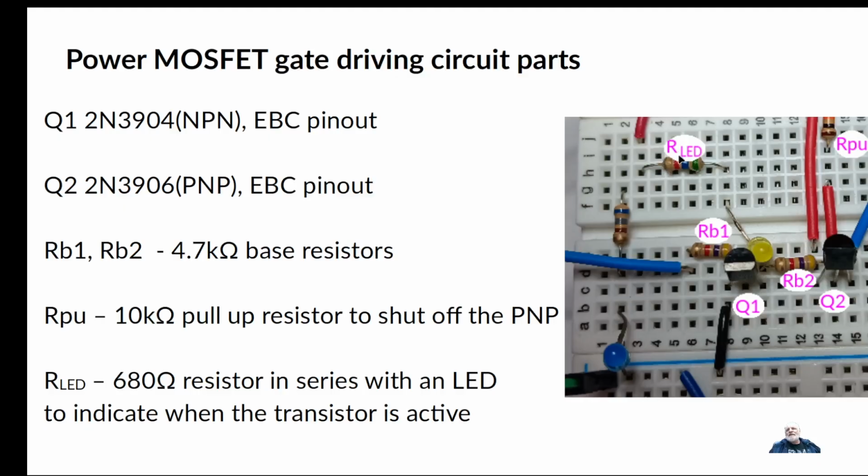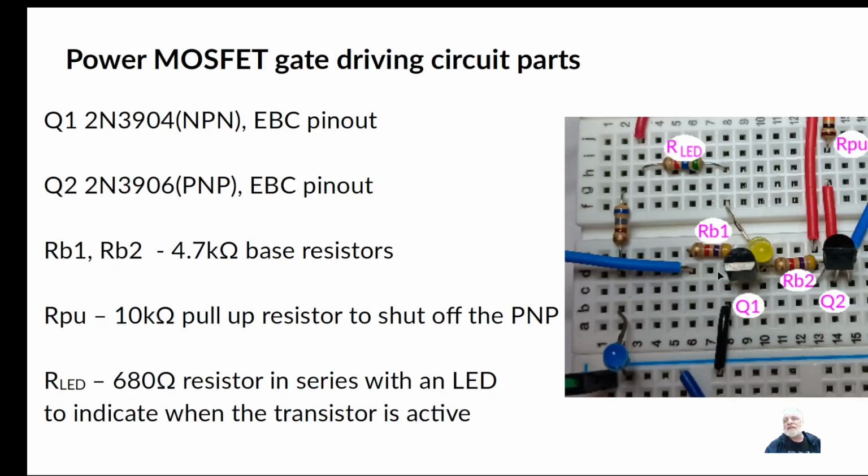Now I also have this LED here, with this resistor. I think it's a 680 ohm resistor in series with an LED, and this is simply to give us a visual so we can see when this transistor is on or not. There's 24 volts up here.